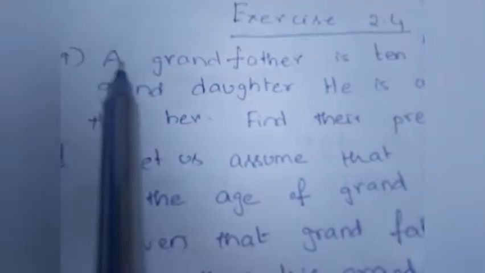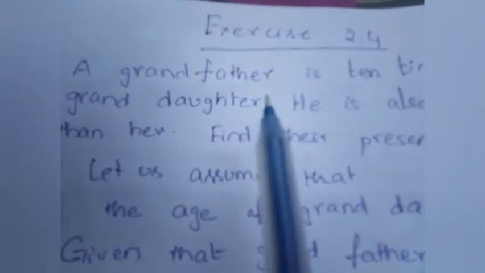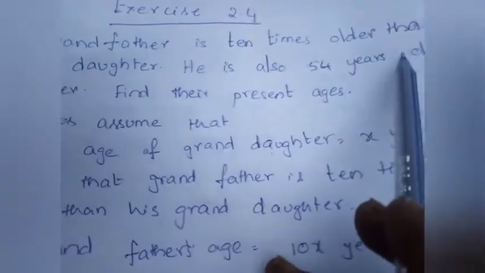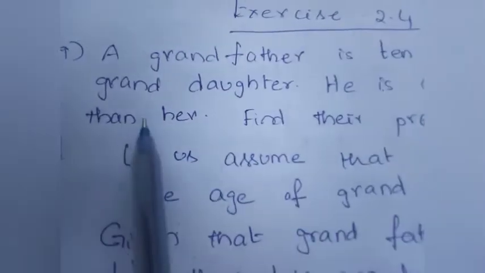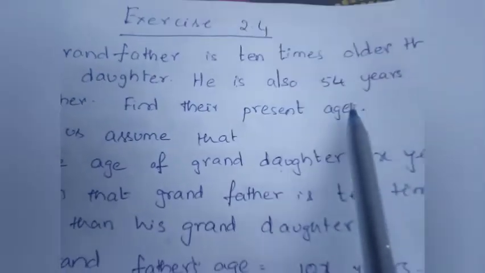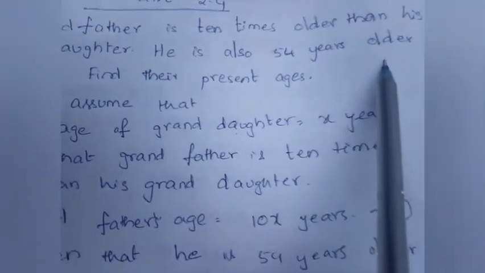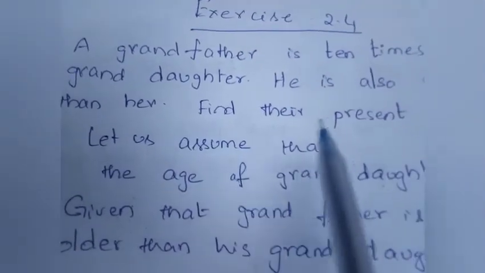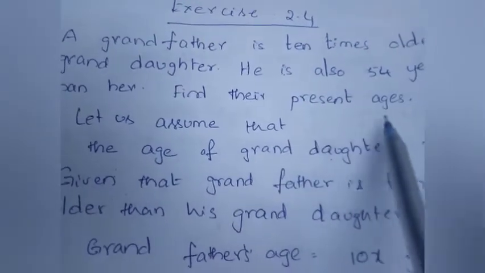Ninth sum. A grandfather is 10 times older than his granddaughter. He is also 54 years older than her. Find their present ages.